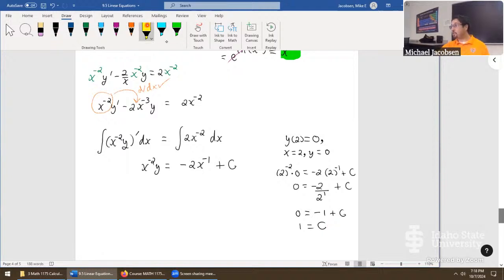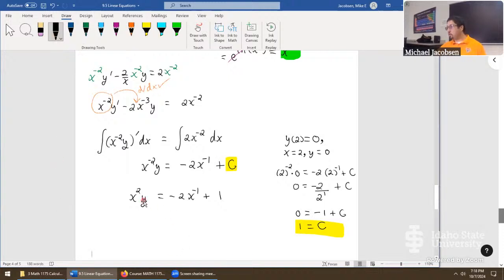On our next line, all we're doing is plugging in the constant. So we've got x^-2 y equals -2x^-1 plus 1. Finally, oh, that's a negative 2. I don't know where my negative went on that. Last thing to do is just eliminate this term here.